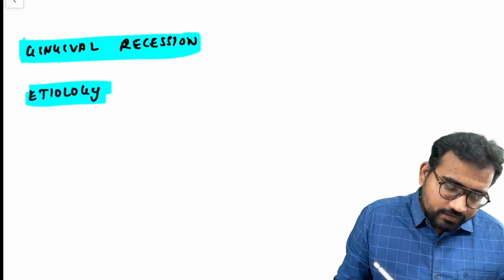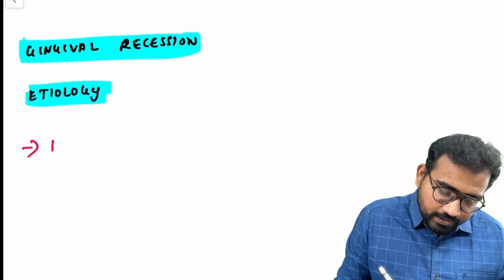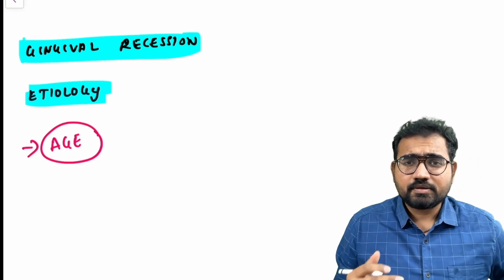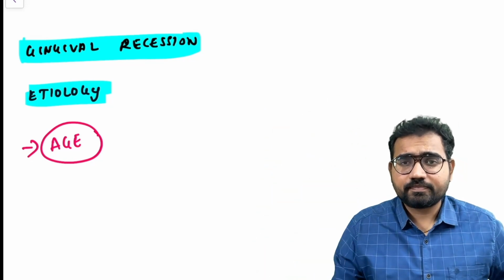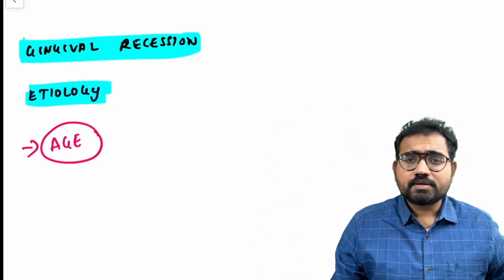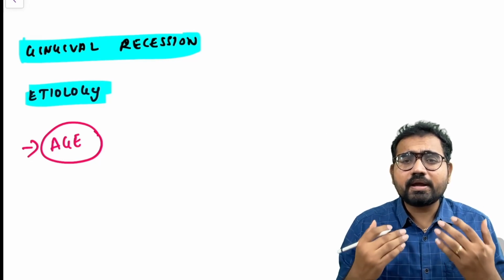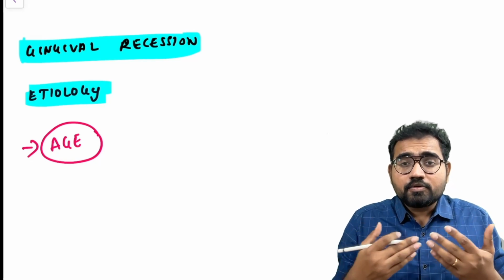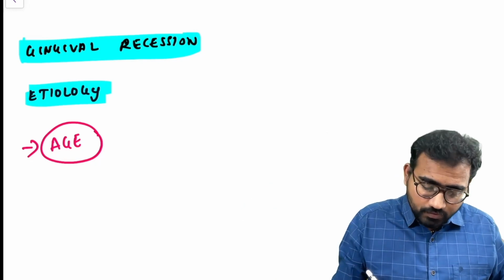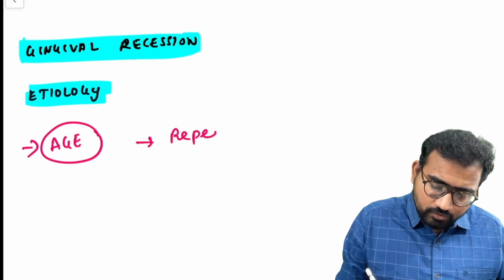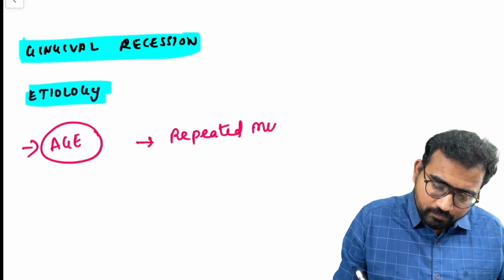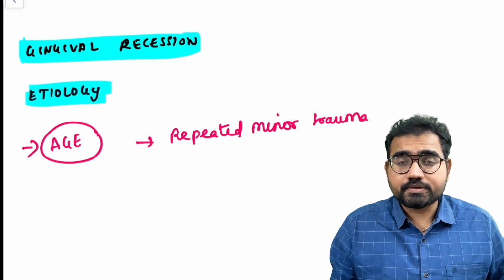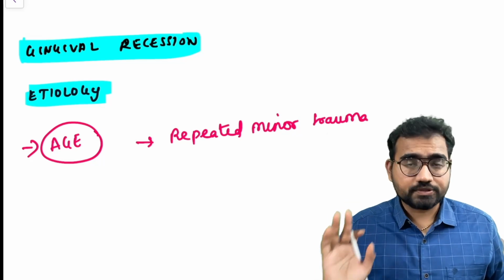So the first and foremost is age. What happens as the age increases? As the age increases, there is repeated minor trauma to the gingiva, just happening over a period of years, which is going to result in recession.